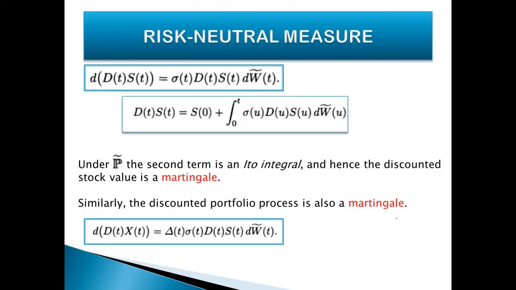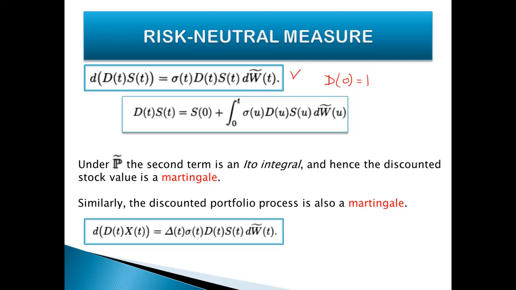Now let's summarize. We have d(DtSt) is sigma t Dt St dW tilde t. This is the last result. If you write it in terms of integration from 0 to t, it's DtSt minus D0S0. D0 is equal to 1, since e to the power minus 0 is 1.